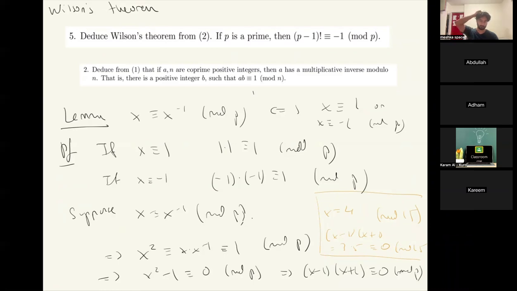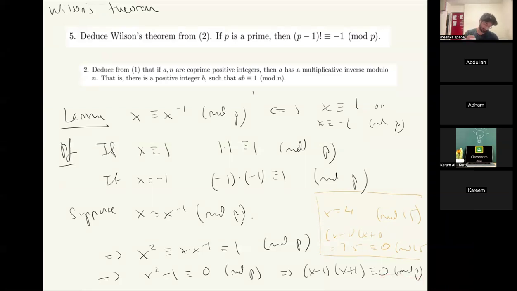You guys see the point of this example? Sorry, I picked 15, not 6. For 6 there's no counterexample, but for 15 you see there's a problem. So we really need p to be prime.